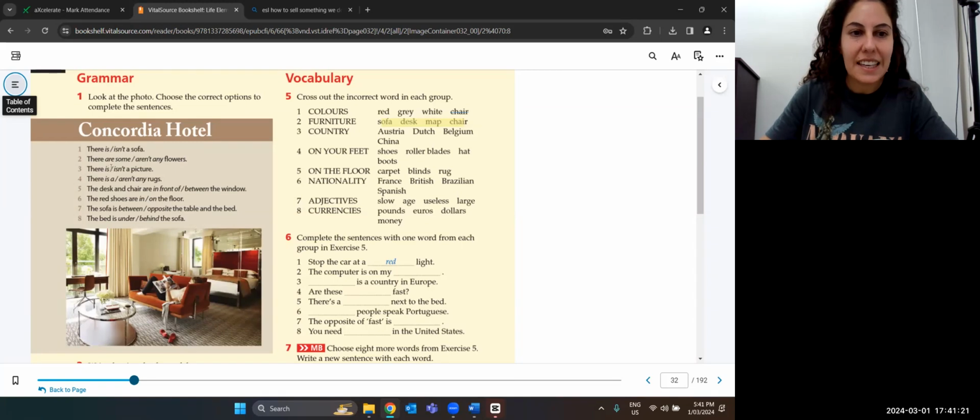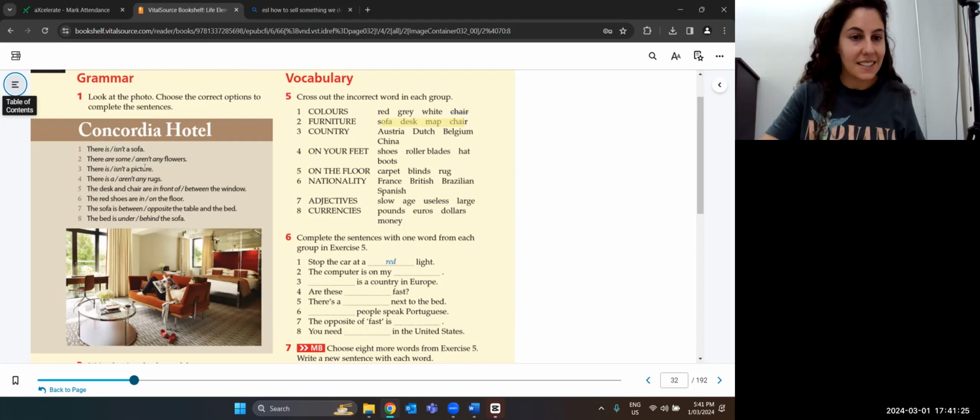Number 3, there is or isn't a picture. Isn't. I can't see it. There isn't a picture, a negative. Number 4, there is a or aren't any rugs. So we can see the word any again connected to a negative. But can we see a rug? No, because that's a carpet.